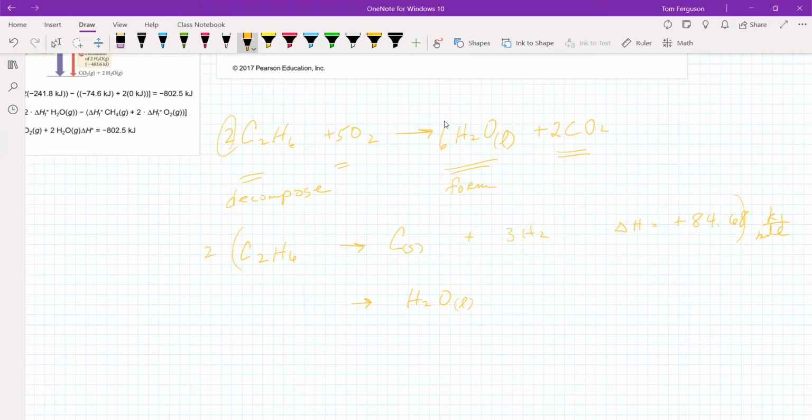And that's made from, okay, and how many waters are there? There are 6 waters. And the delta H for one of them is equal to minus 285.8 kilojoules per mole. Okay.